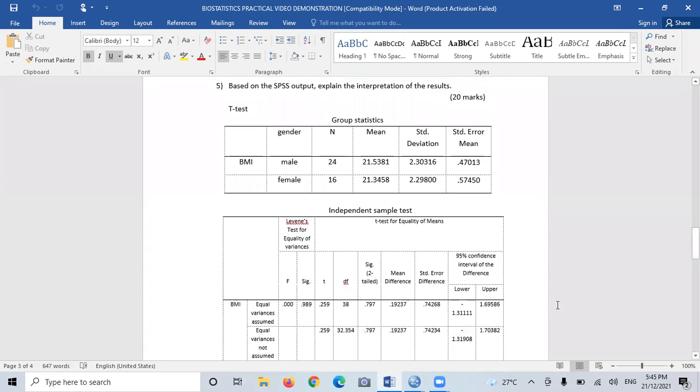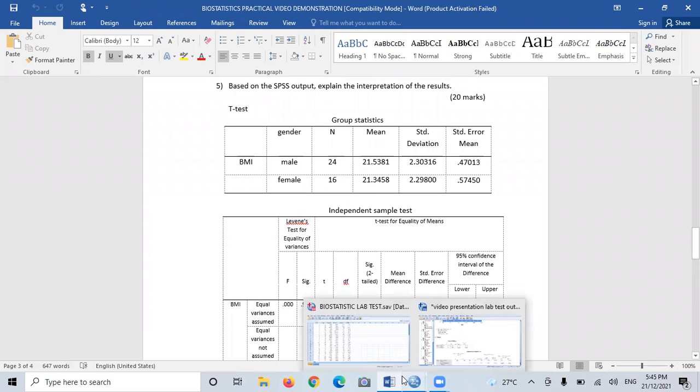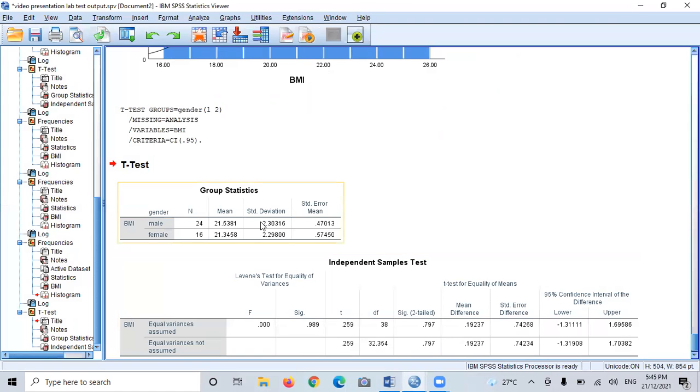Question 5: based on the SPSS output, explain the interpretation of the result. We have the group statistics: the gender, the number, which is male plus female, we have 40 patients, the mean, standard deviation, and also the standard error mean. In the independent samples test, we have the Levene's test part and the t-test for equality of means.